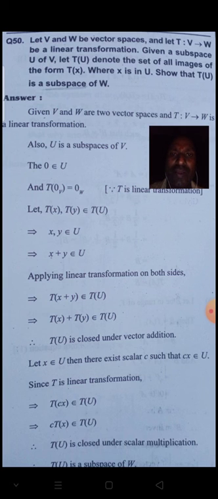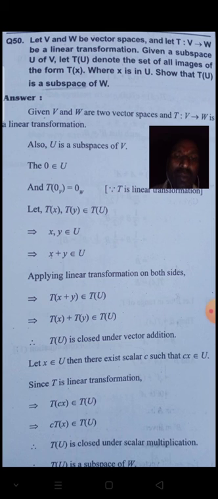Also, U is a subspace of V. Okay, 0 belongs to U and T of 0V equals 0W, since T is a linear transformation. Let T of x, T of y belong to T of U. This implies x, y belong to U. This implies x plus y belongs to U.